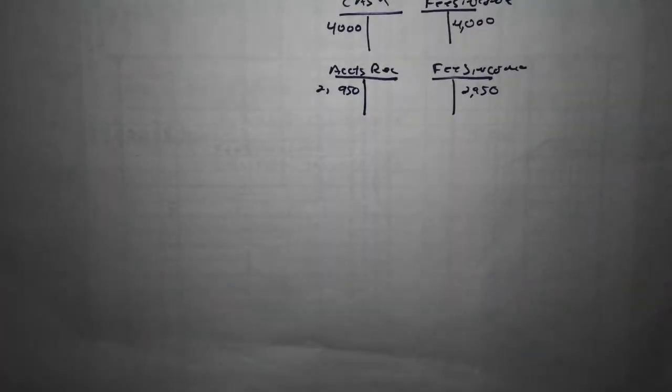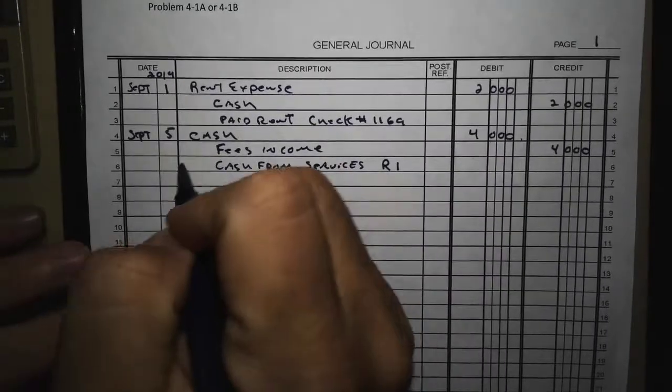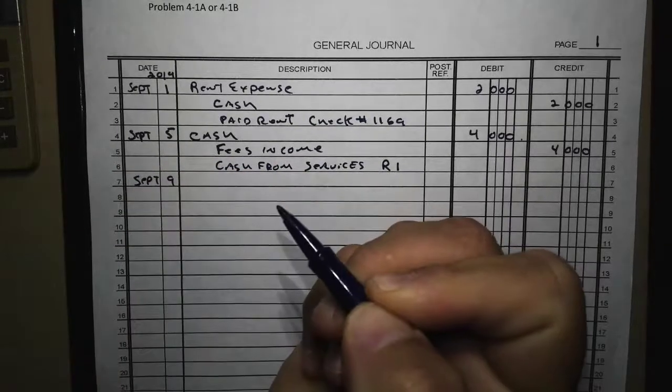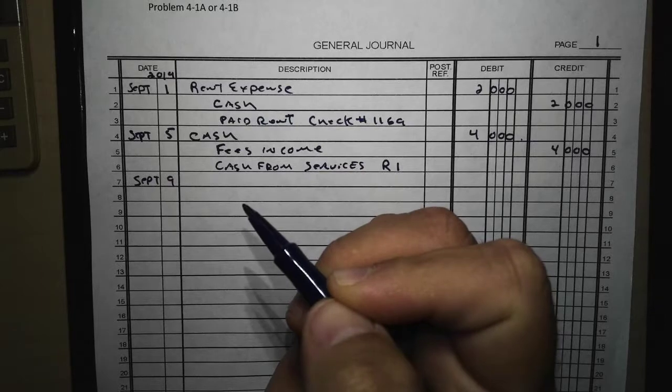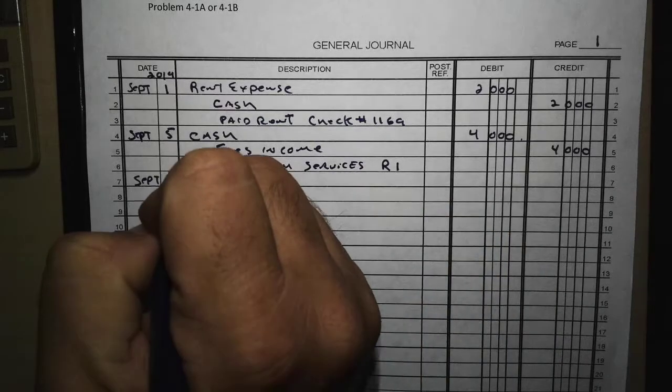And then we're going to use accounts receivable, $2,950 on the debit side. Okay, so let's go ahead and do this. So we have this happening on September 9th, I believe. Let me just double check that. Yeah, I'm sorry, September 6th, my fault, September 6th.